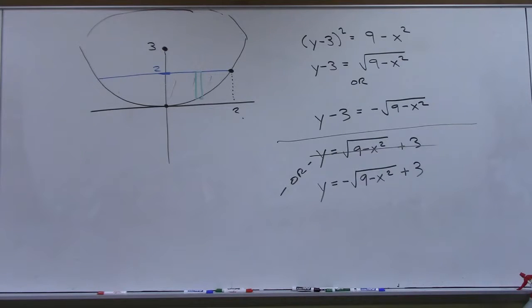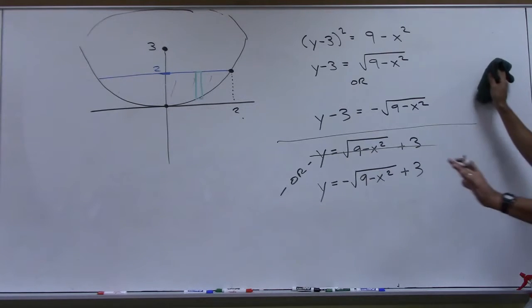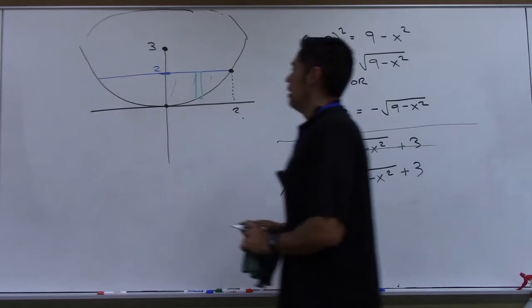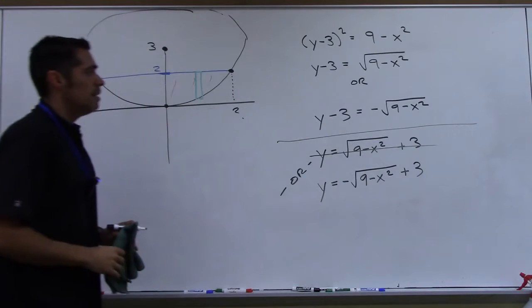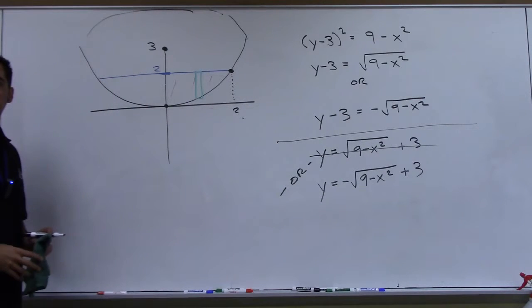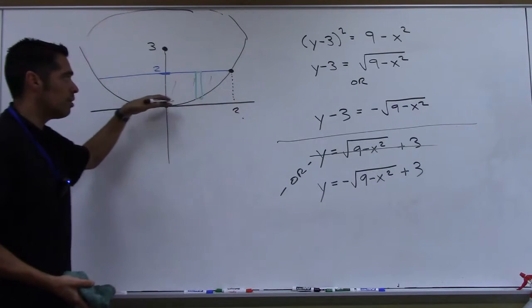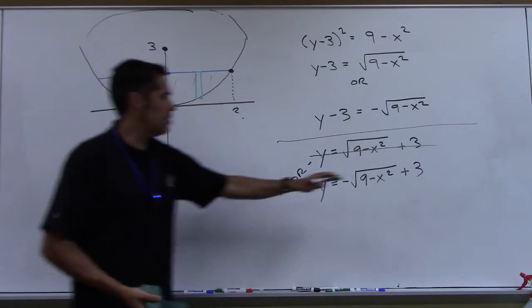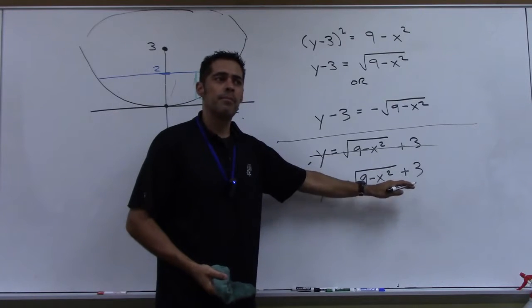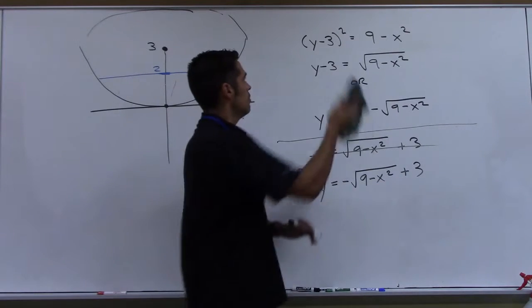So now, I'm going to try and get where they intersect each other. So I need to find where this blue curve hits the black curve. That means I need to set this function equal to what? 2, right? y equals 2.